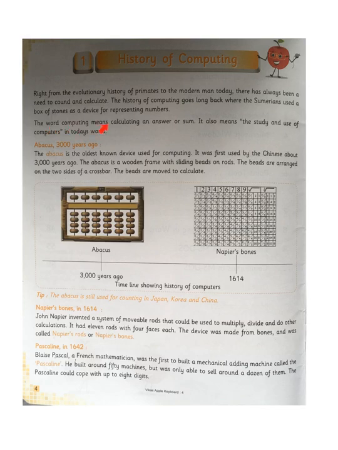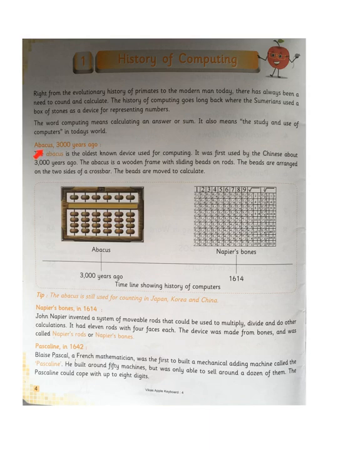The word computing means calculating an answer or sum. So what does computing mean? It basically means we are finding an answer, or adding numbers and getting the answer for that addition. It also means the study and use of computers in today's world. In the present day, computing means to study how computers work and how they are useful for man.